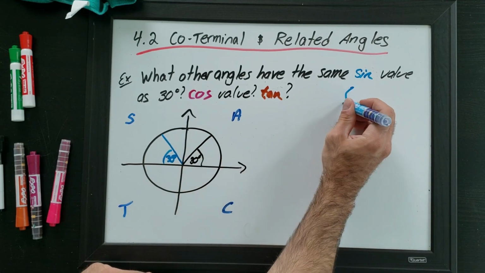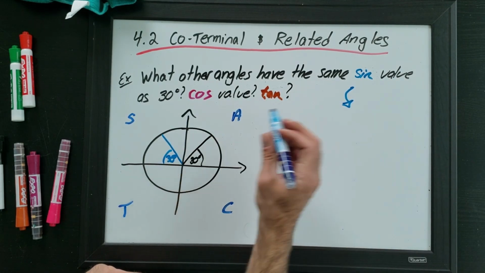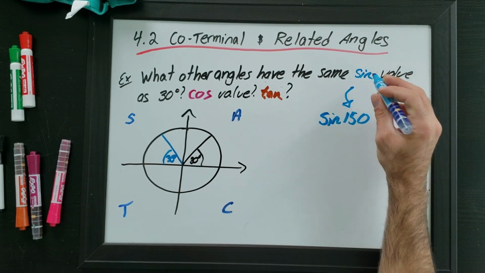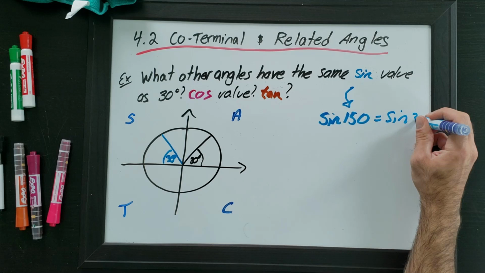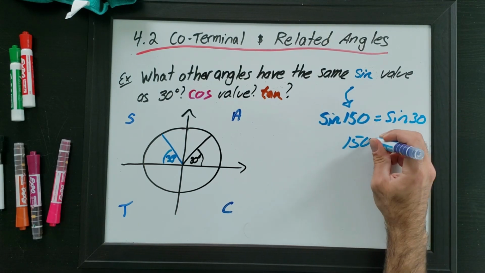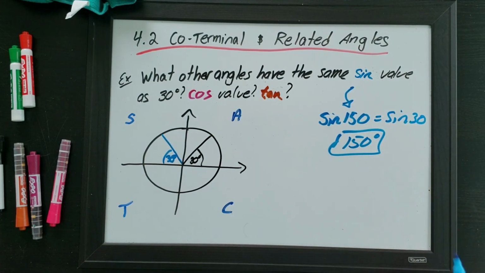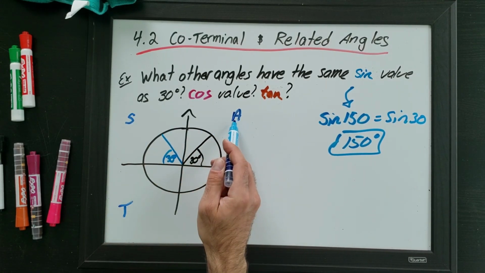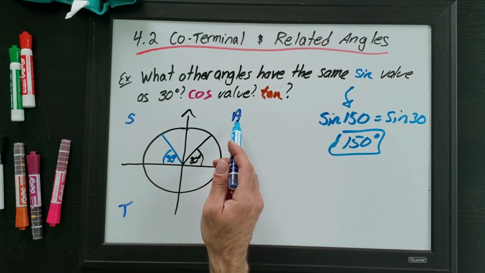So if I'm answering this question, I know that sine of 150 is the same as sine of 30. Okay, so 150 degrees is that other angle that has the same sine value because sine is positive here and it's also positive here. That's why the value is the same.